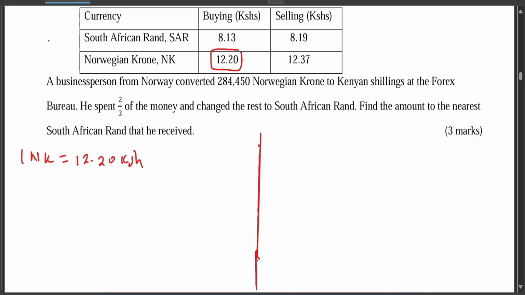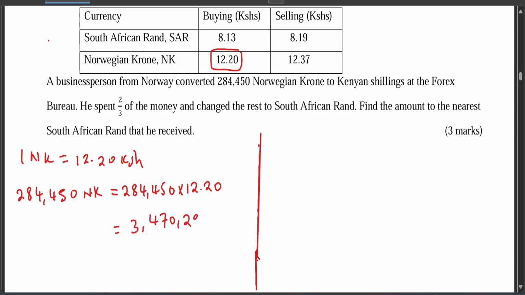So you ask yourself about 284,450. You multiply 284,450 times 12.20. It should give me around 3,470,290 Kenyan shillings. Very excessive amount of money.